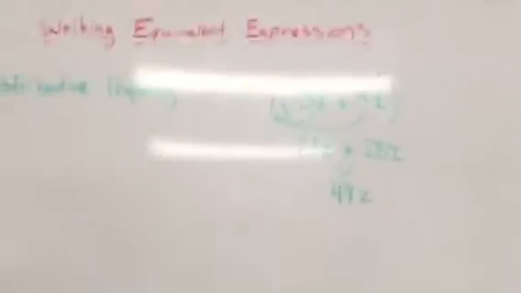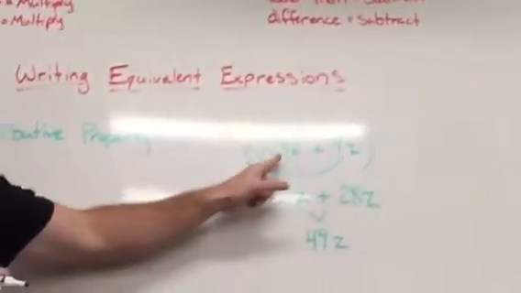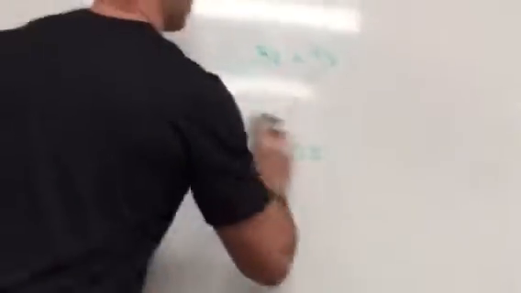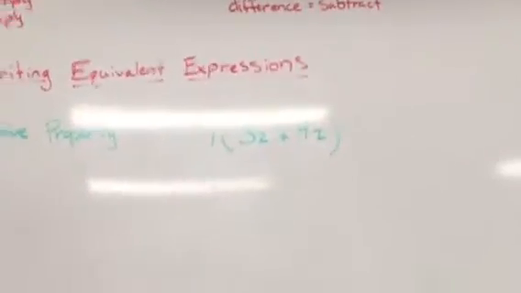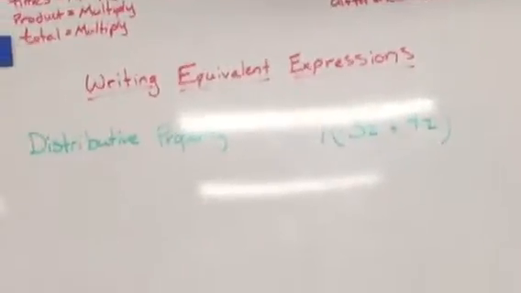Okay, now, could I, in this case, have used the order of operations rule and done the grouping symbol first? Yes. Why could I do what is inside the grouping symbol first in this case? What do both 3z and 4z have?